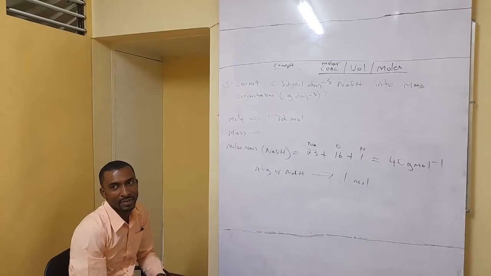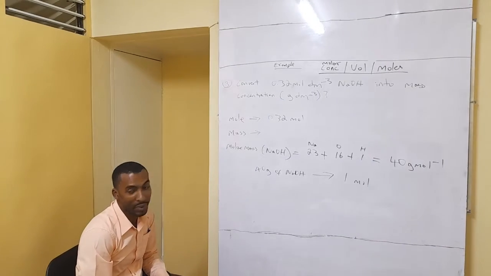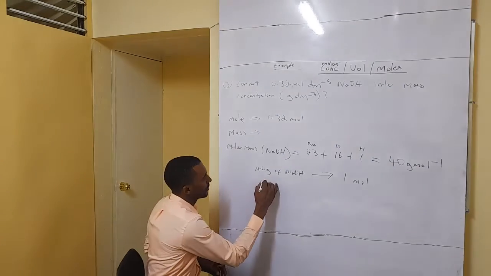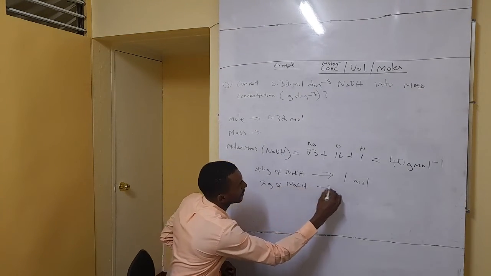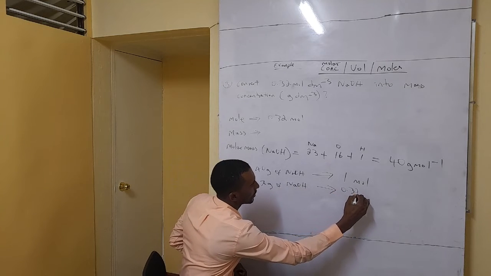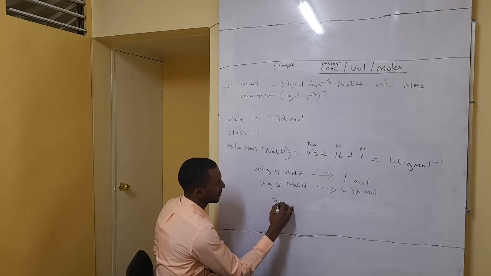Following? 40 grams of sodium hydroxide is equal to 1 mole. So X grams of NaOH is equal to 0.32 moles.